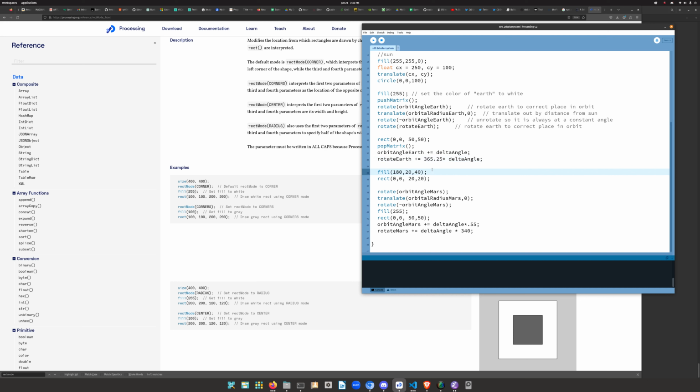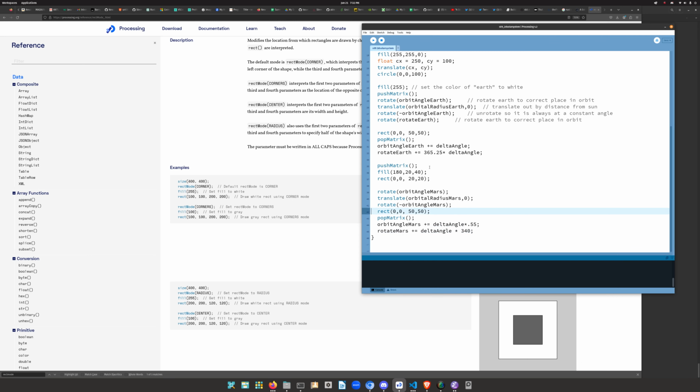Oh, whoops. I shouldn't need a push matrix here because I've got nothing to remember. By the end of the function, it's over, but I'll just be consistent. There's a white, so that's why. All right.